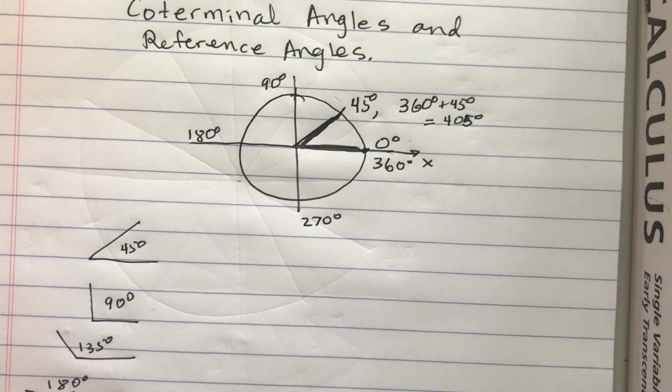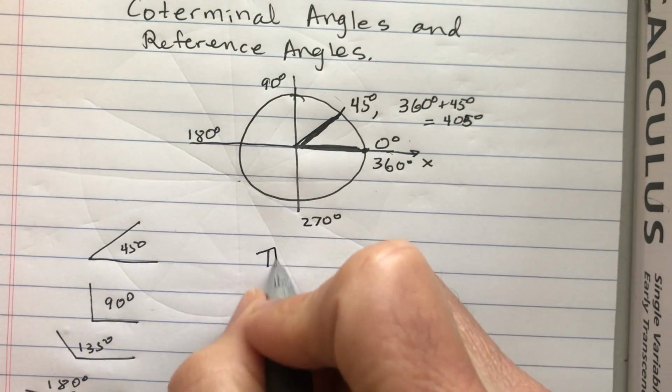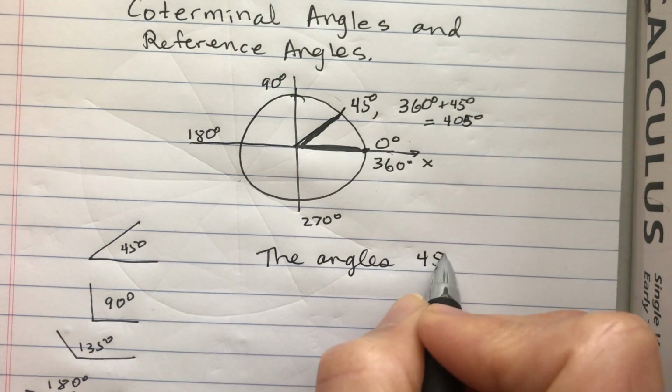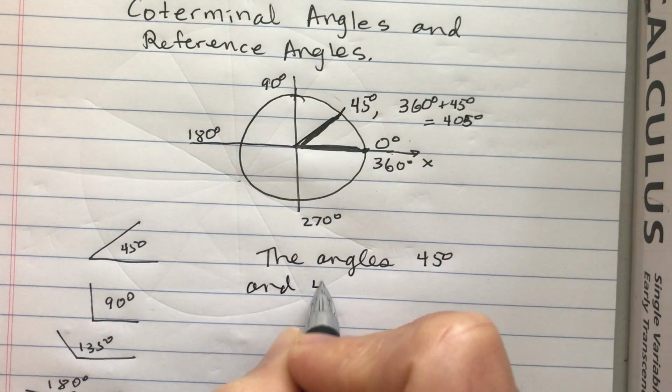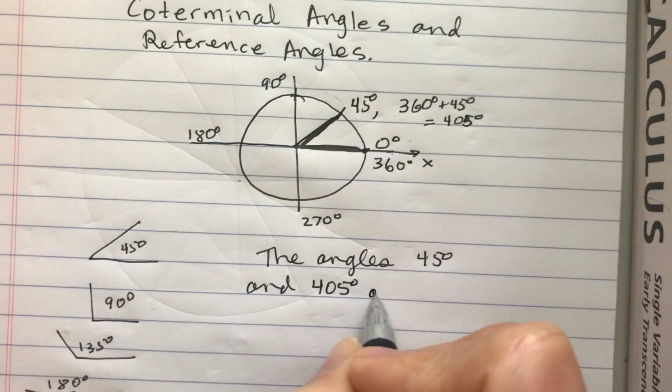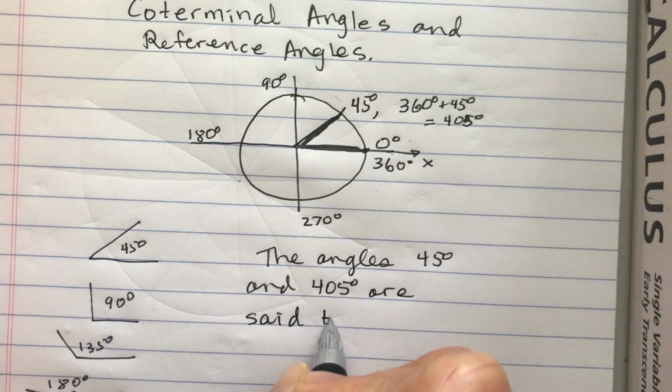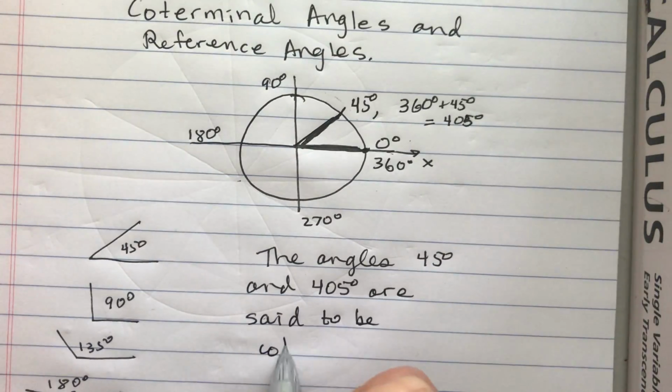Okay, so the angles 45 degrees and 405 degrees are said to be coterminal.